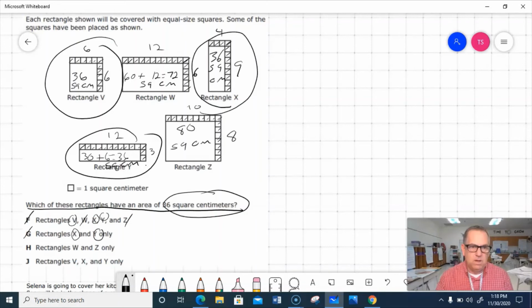The next one says W and Z. W is not, and Z is not, so that's not our answer. So hopefully J is our answer. So I've got V, X, and Y. That is my correct answer. Rectangles V, X, and Y only.